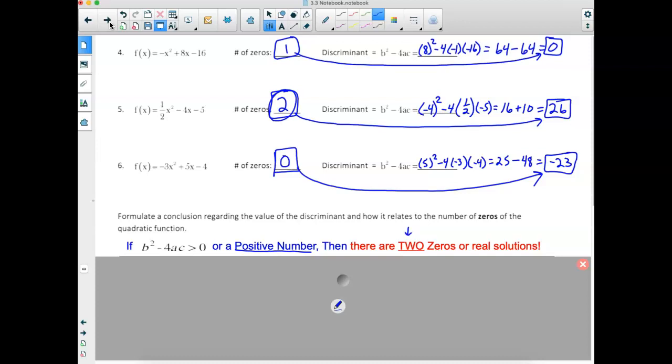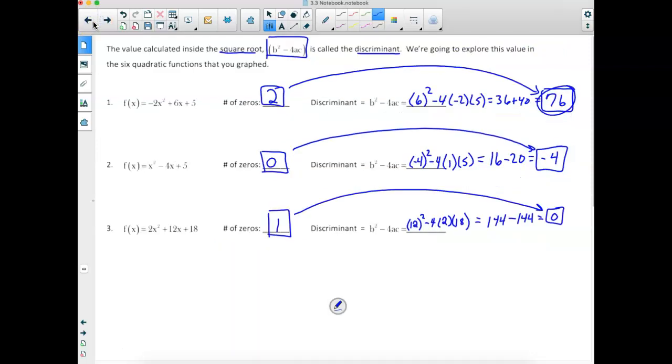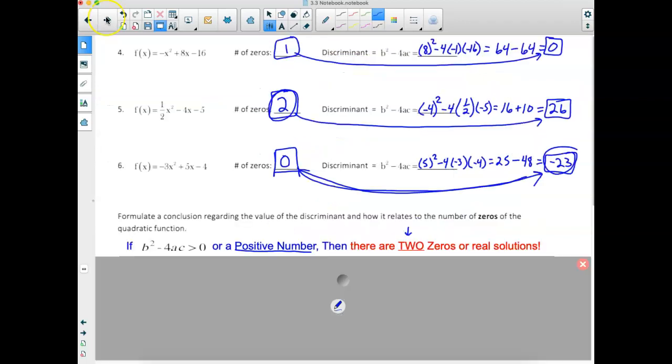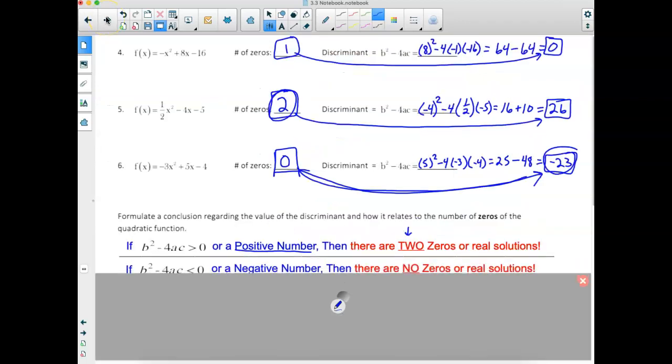When I went to see what happened when it was less than 0, I had negative 23. Previous screen, I had negative 4. So what does that mean? If b squared minus 4ac is less than 0, meaning it's a negative number, there are no zeros or real solutions.